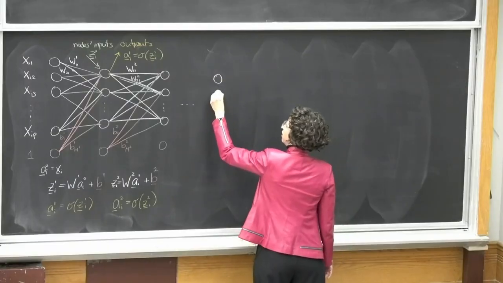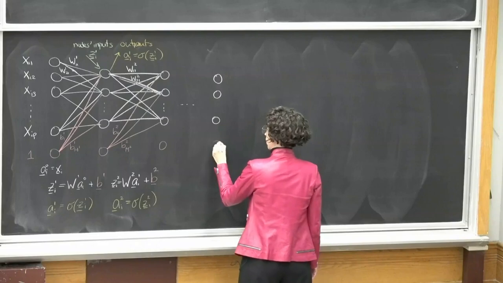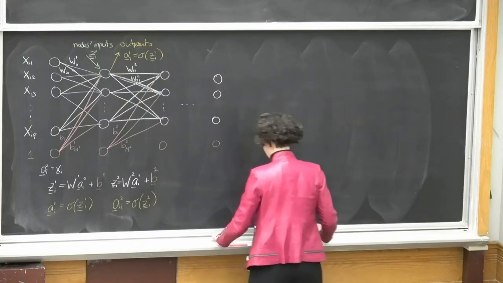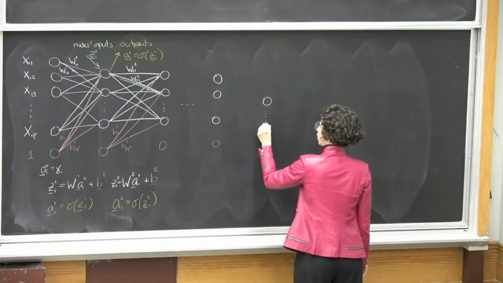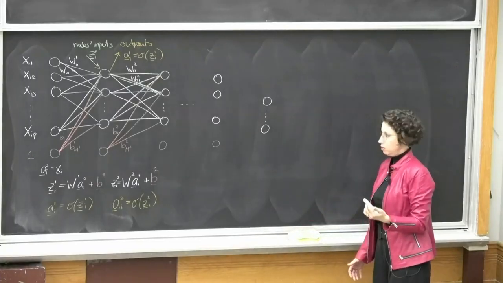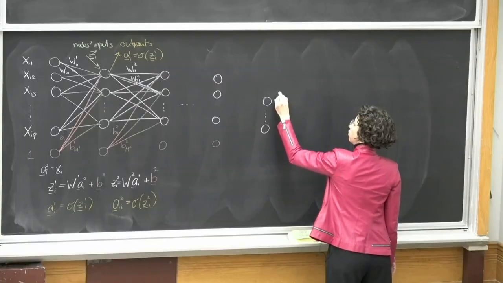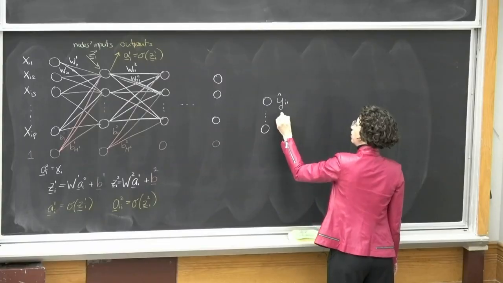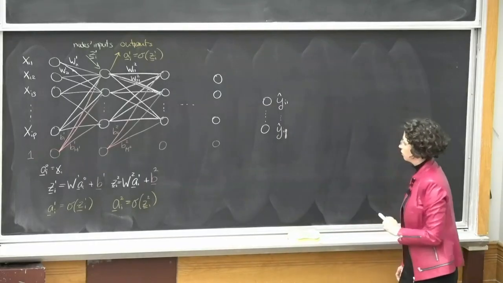So here's my final hidden layer. And then finally, I'm going to have my outputs. I'm going to make this a little bit more general than we had before. I'm going to have more than one output. So this will be y hat_i1 all the way to y hat_iq, where I've got q different outputs.